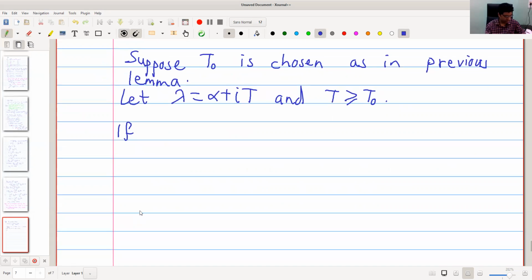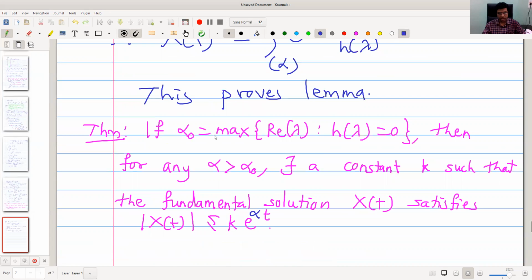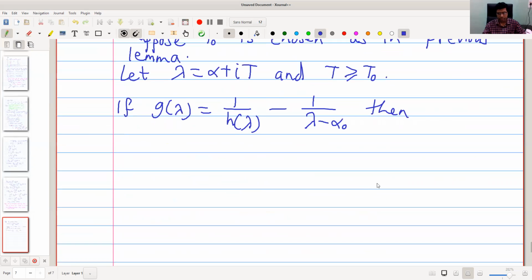Now consider a function g of lambda equals 1 upon h of lambda minus 1 upon lambda minus alpha 0, where alpha 0 is the one appearing in the statement. Then we consider a bound on it. Then mod of g of lambda is equal to mod of the right hand side.